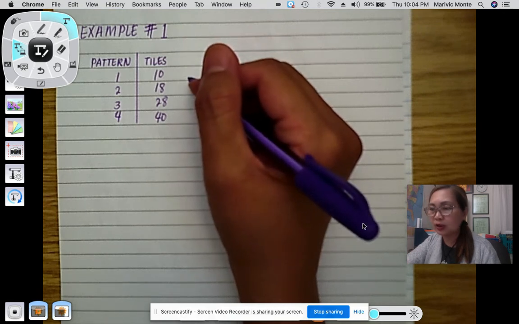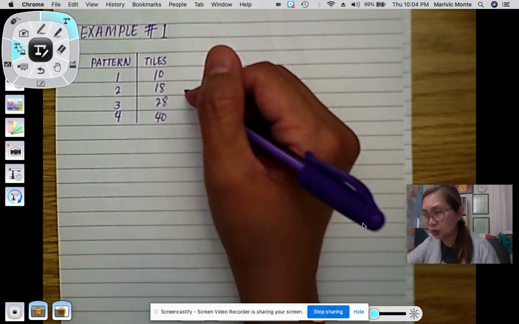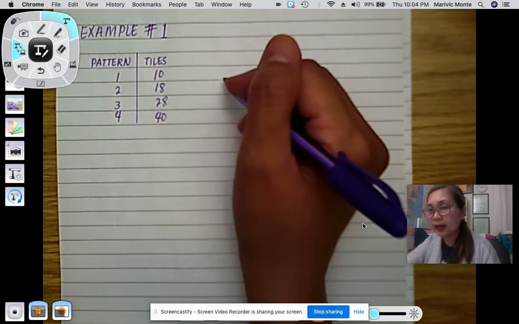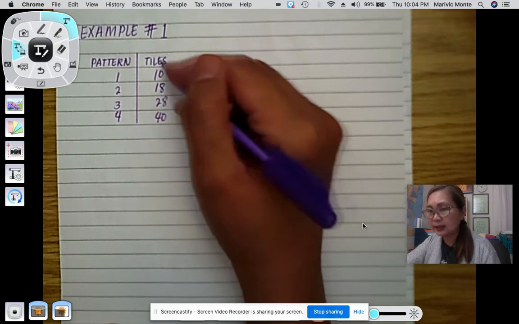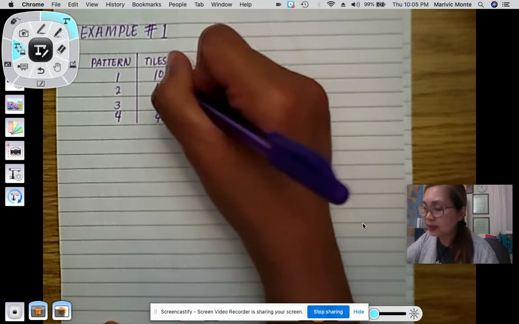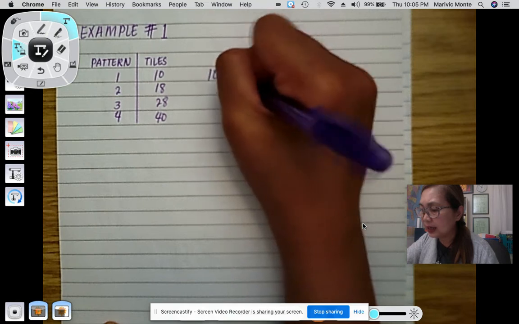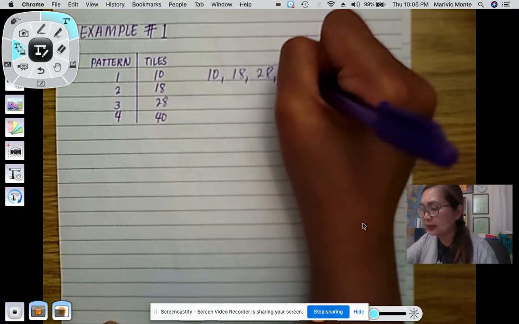But I believe you are more familiar with this type of problem when it's presented horizontally. So I just need to call your attention to this form that you're familiar with, and that it means exactly the same thing as this table presentation here. So if I put this in sequence form, we're going to have 10, 18, 28, and 40 as a sequence.